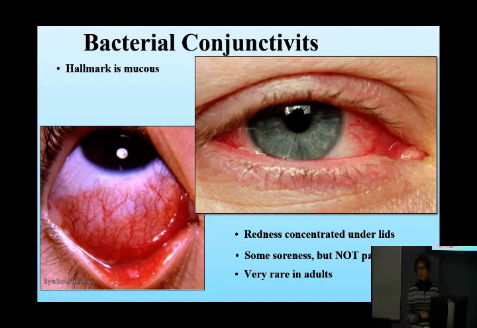The other thing I want to mention is bacterial conjunctivitis is pretty rare in adults. We wash our hands. We know not to put dirty fingers in our eyes. So for an adult to have a bacterial conjunctivitis, it's actually pretty unusual unless they are working in a setting where they are exposed to a lot of children.